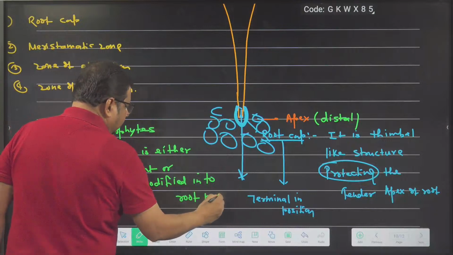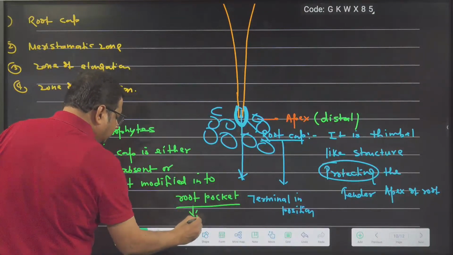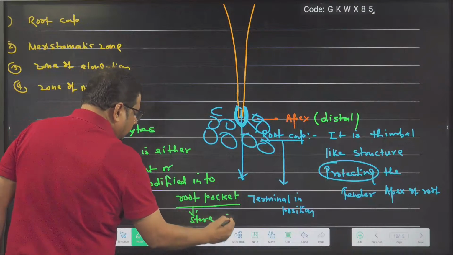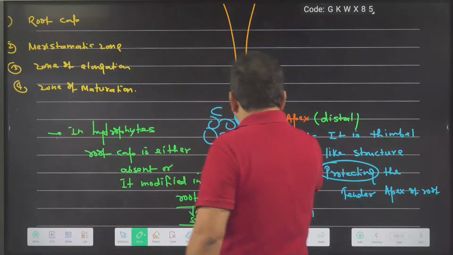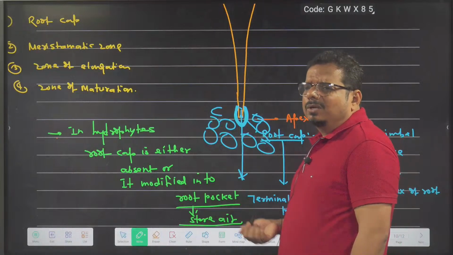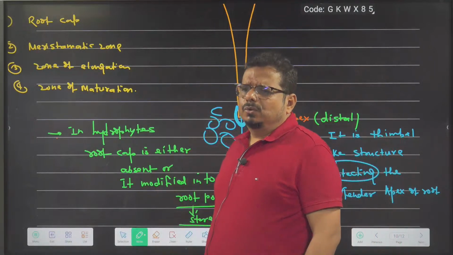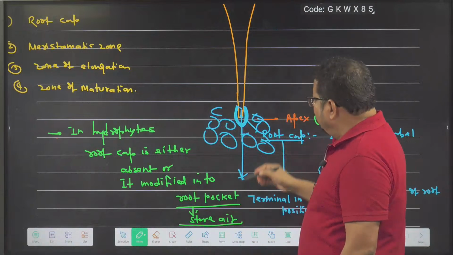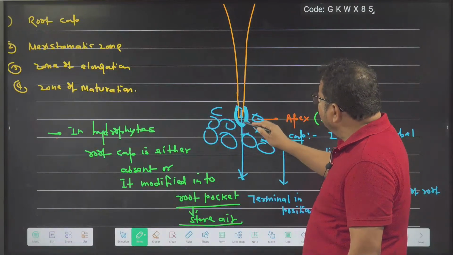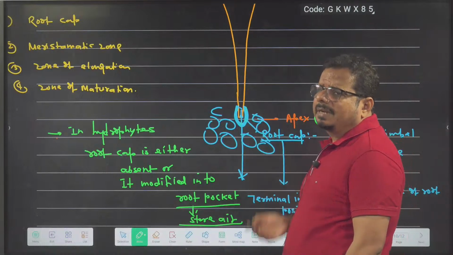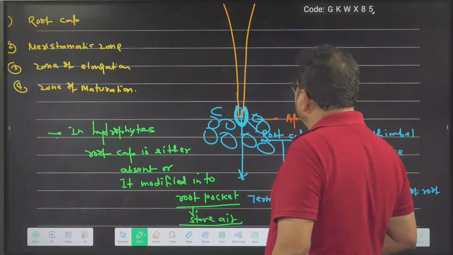These root pockets store air. Because in hydrophytes there is no need of protection. Water is not dangerous to rupture or break the root cap. It is not hard like the soil. So there is no need of root cap in hydrophytes. Either the root cap is absent, or in some hydrophytes the root cap is converted into root pockets.